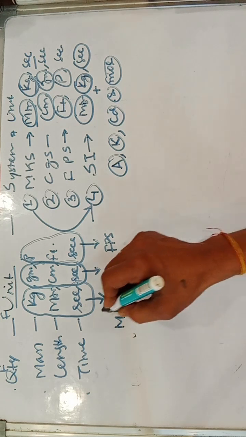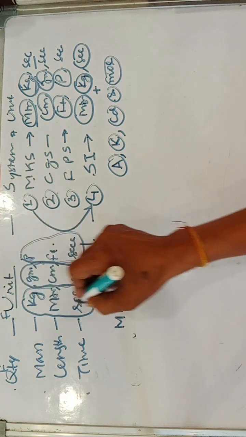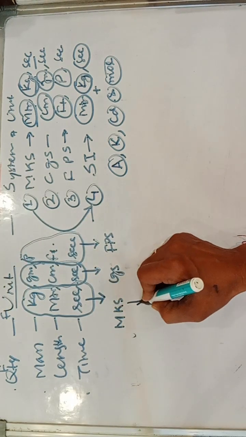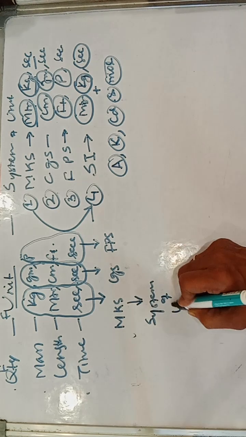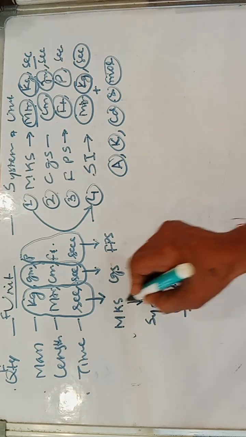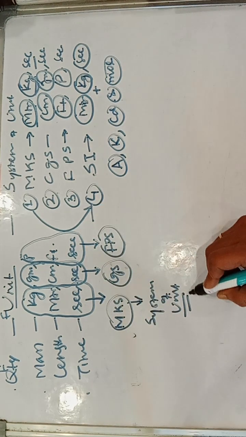Once fundamental units are combined together, they form a system of units. Now we have MK system of units, CGS system of units and FPS system of units.